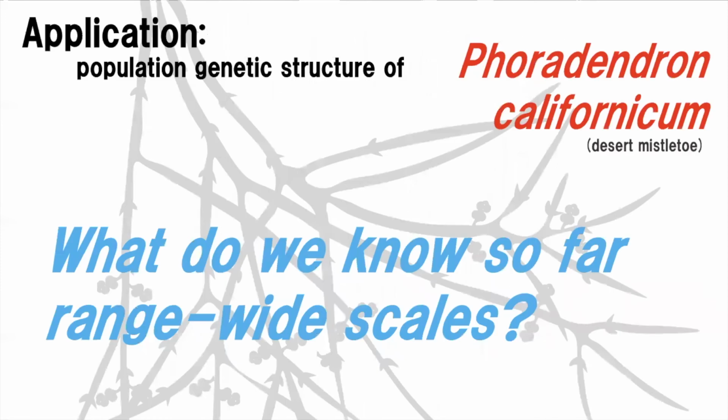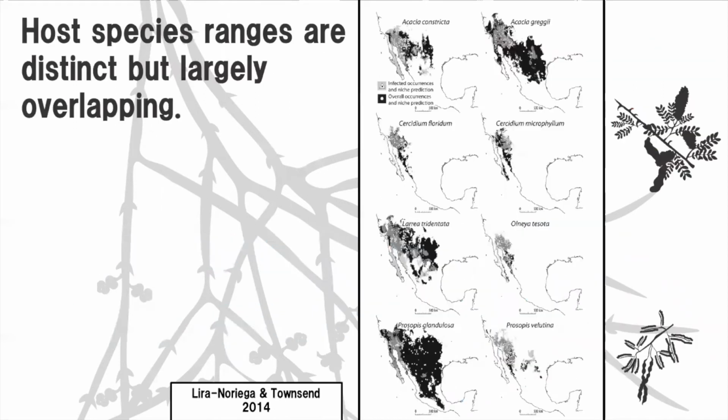But what do we know so far at the range-wide scale about population genetic structure or the ecological factors that might be important for it? Just looking at the range of desert mistletoe and of its hosts, we see that those host species ranges are distinct from one another.